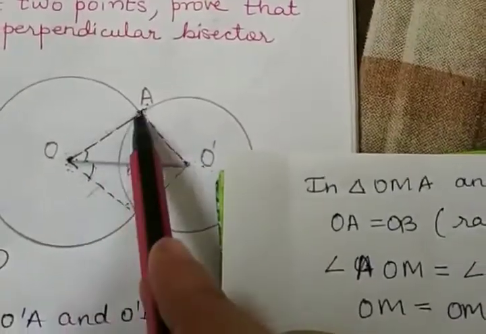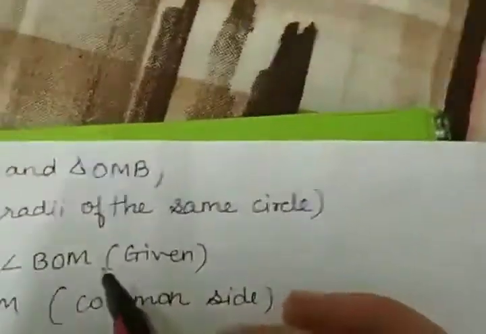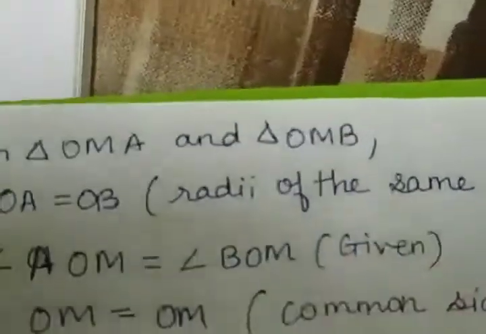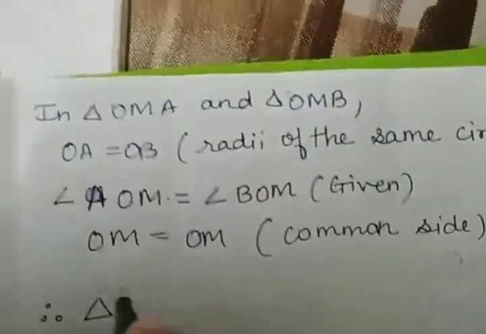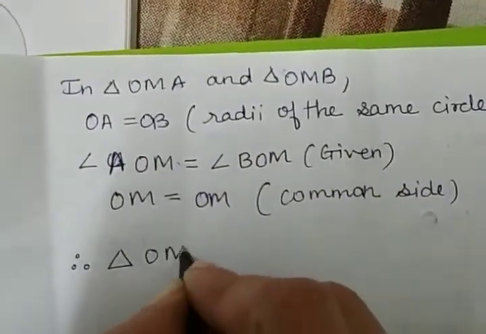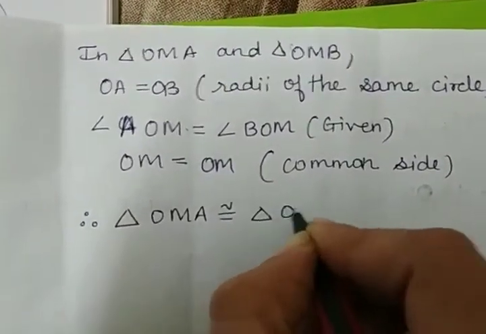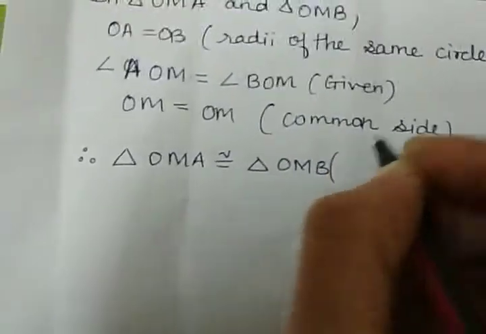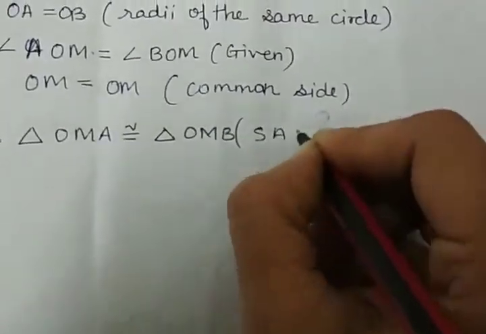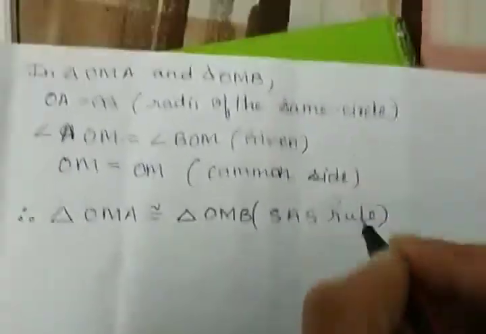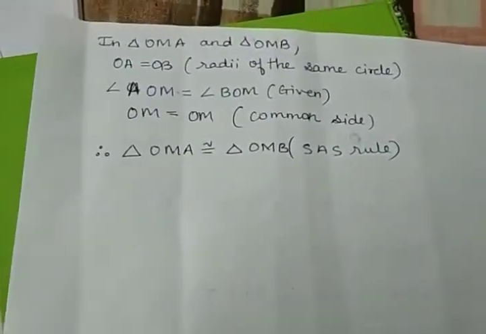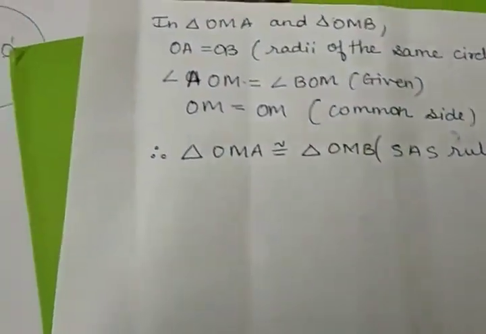So we got three conditions. So I can say these two triangles are congruent, by which test? SAS test. Therefore triangle OMA is congruent to triangle OMB, by which rule? SAS rule. So this is the rule by which the two triangles are congruent.